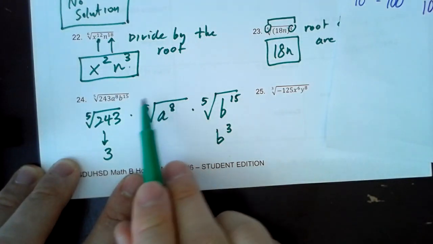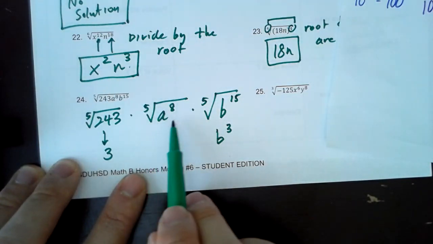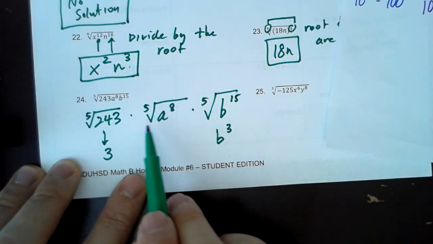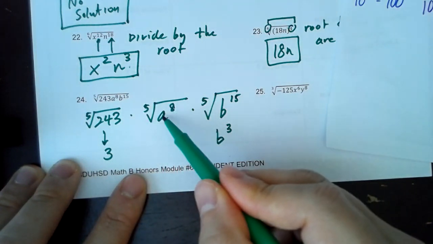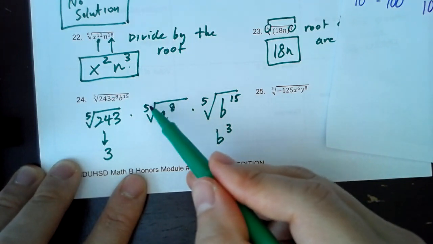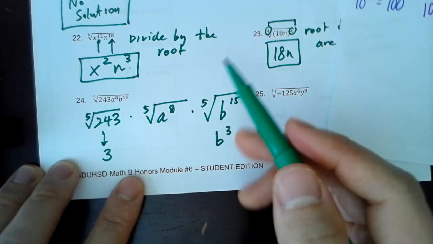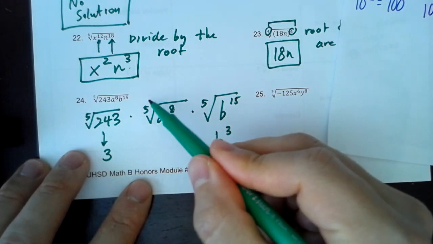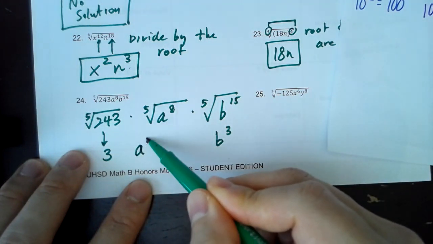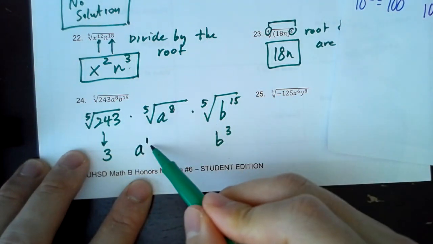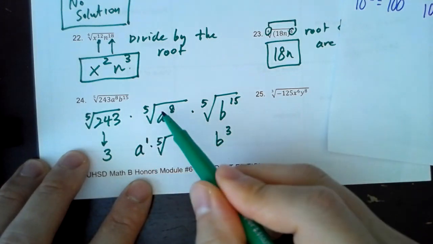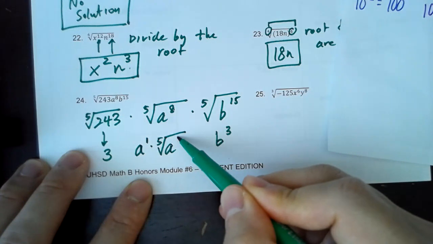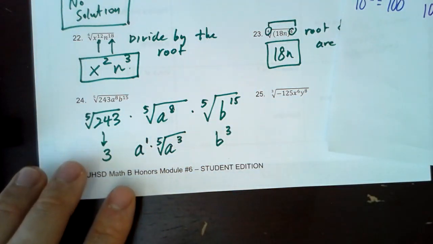This, however, is an issue. We don't have a perfect amount here. So really, in 8 amounts of a, how many groups of 5 can we create? We can only create one group. So one group was able to jump outside, and there still will be some left over on the inside. There will be 3 left over on the inside.